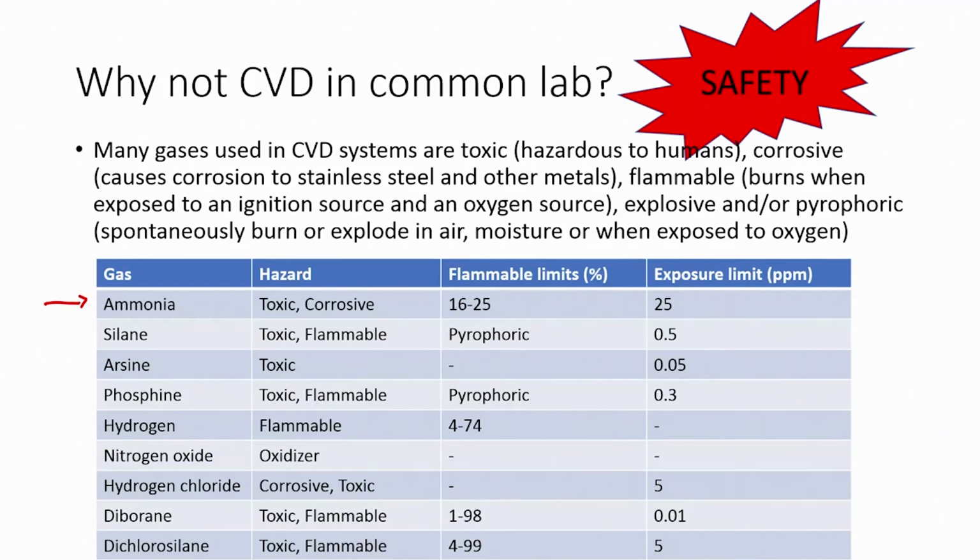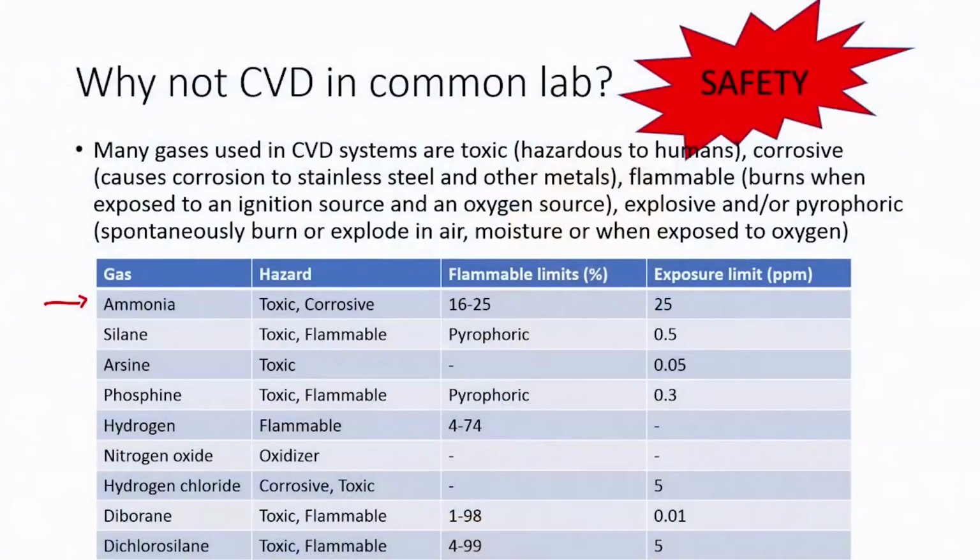If it is toxicity, then all the gases like ammonia, silane, arsine, phosphine, diborane as well as dichlorosilane are toxic. And when we talk about flammable gases, these are silane, phosphine, diborane and dichlorosilane. So these are flammable gases, not toxic.